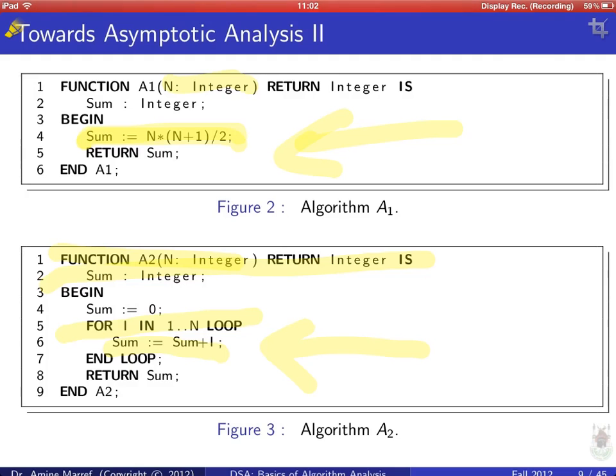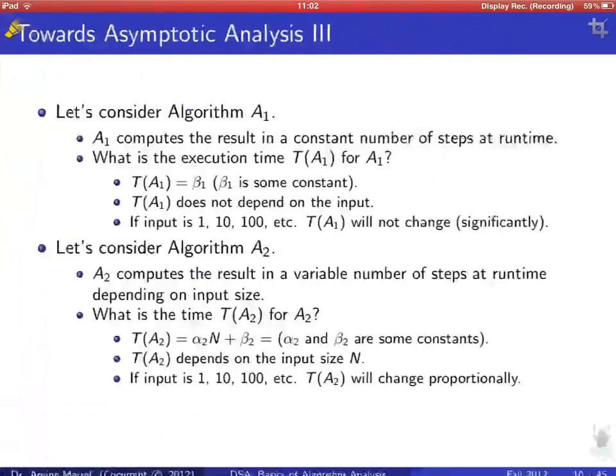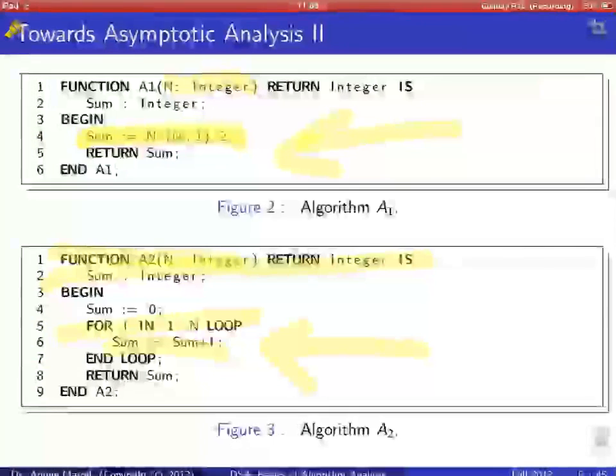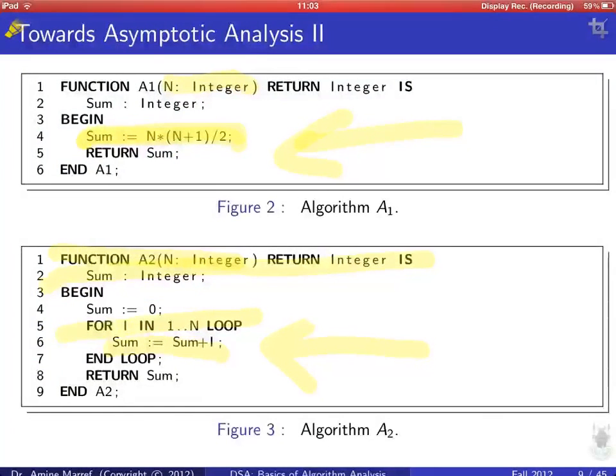So algorithm 1 computes the result in a constant number of steps. I'm using the notation T of A1 to refer to the execution time of algorithm 1, and I'm saying it's equal to some constant beta 1, because it doesn't depend on the input.